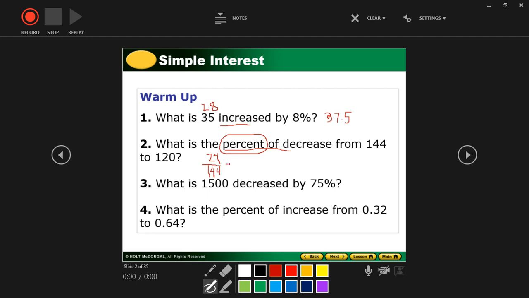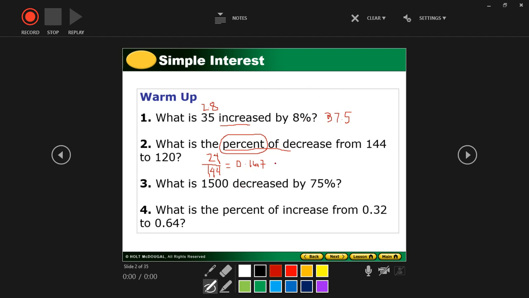What is that? You try to compute on your calculators. We'll stick to two digits after the decimal point. That is 0.167. It is still in decimal form, but what we are looking for is the percentage. So how do we convert decimal to percent? Earlier, percent to decimal, we divided by 100.